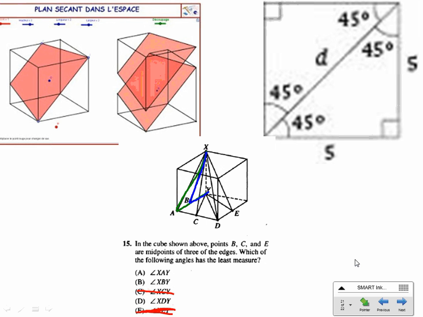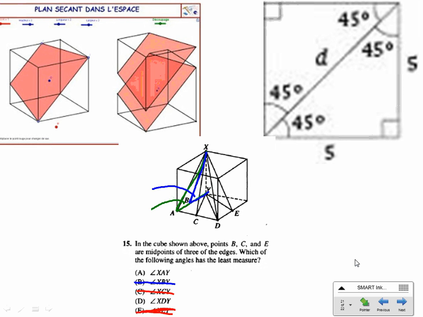Between these, we know that the degree measure of XAY is going to be smaller than the degree measure of XBY because A is farther away from X and from Y than B is. And the farther away the point is, the smaller the degree of the angle is going to be. So we can get rid of XBY because XAY is clearly going to be smaller in degree measure than XBY.